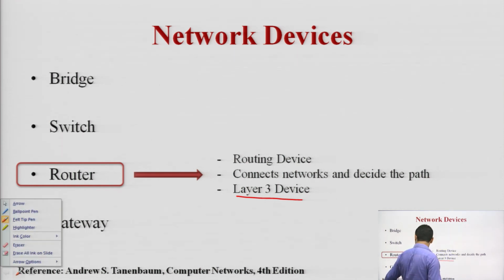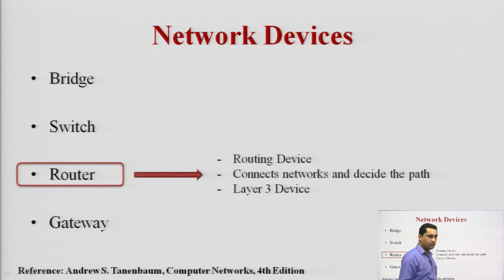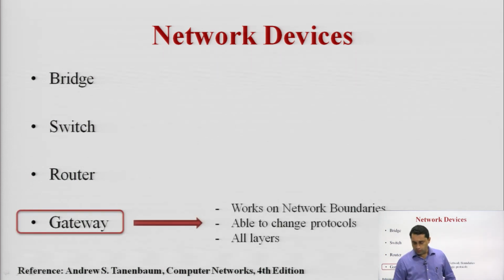If I talk about gateways, gateways are the uppermost layer devices which we use in a network. Generally, gateways are used at the network's boundaries. If I want to send a packet to a particular network and the network does not allow receiving packets from an intruder or some strange person.